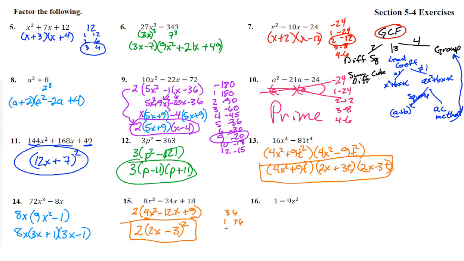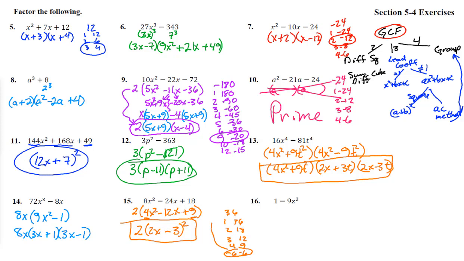Have 1 and 36, 2 and 18, 3 and 12, 4 and 9, 6 and 6, and you realize it's a negative 6 and a negative 6, and you could actually split that and keep going with the AC method, and you would have gotten there just fine. You would have gotten a 2x minus 3 and a 2x minus 3. So you could have done that route, that's fine, if you weren't able to pick up that that was a perfect square and a perfect square, and then see that pattern of a perfect square trinomial.